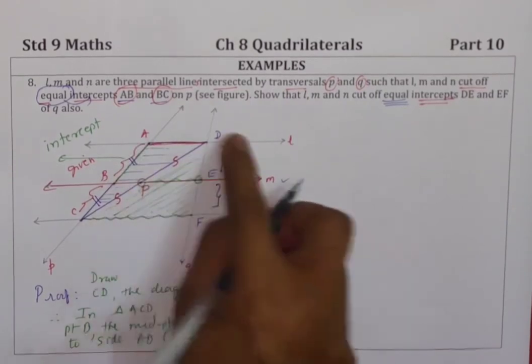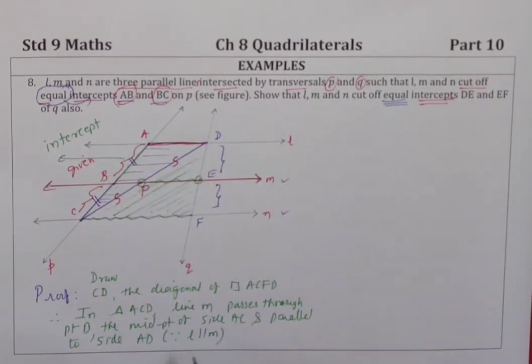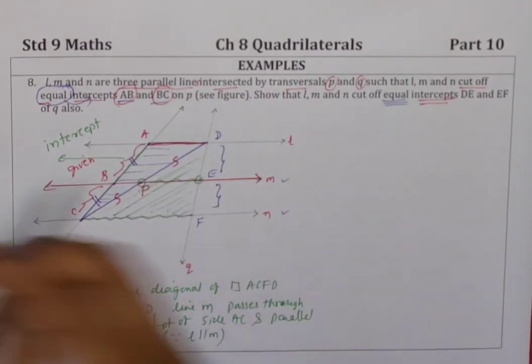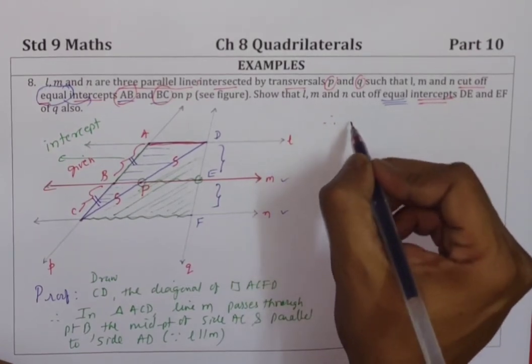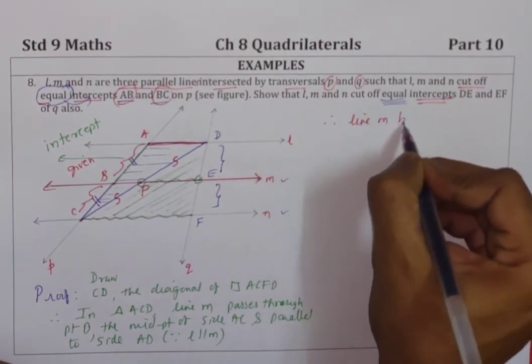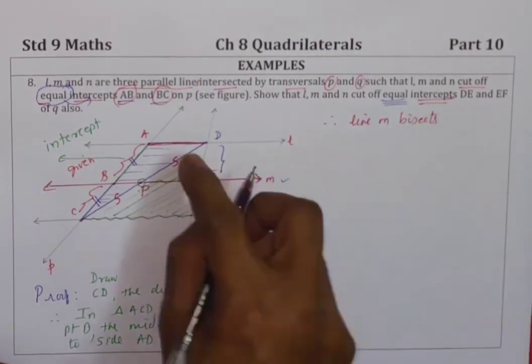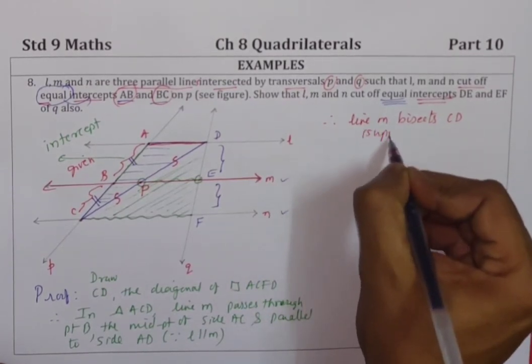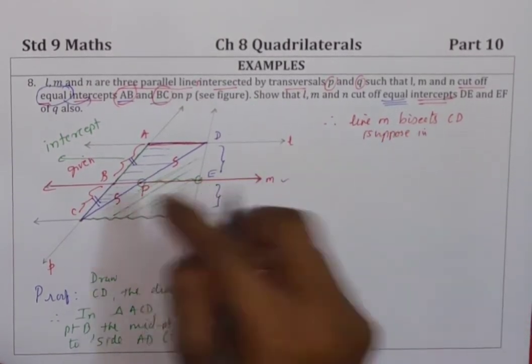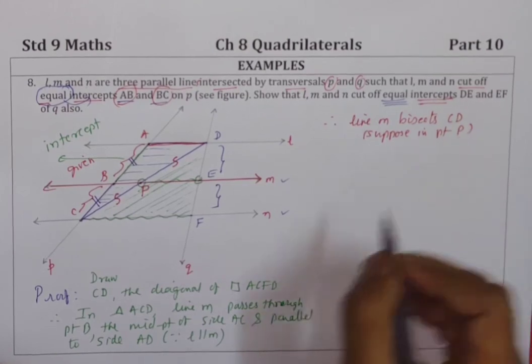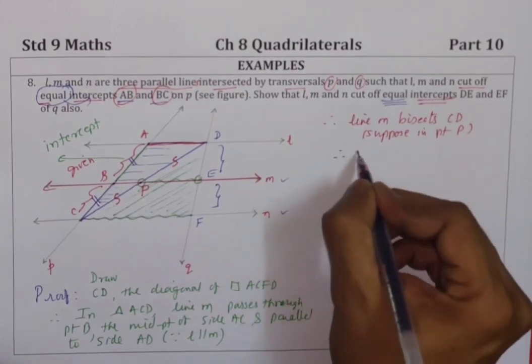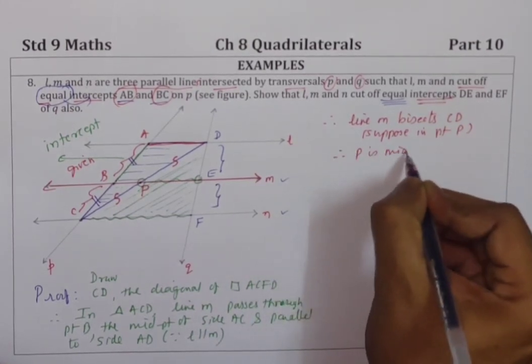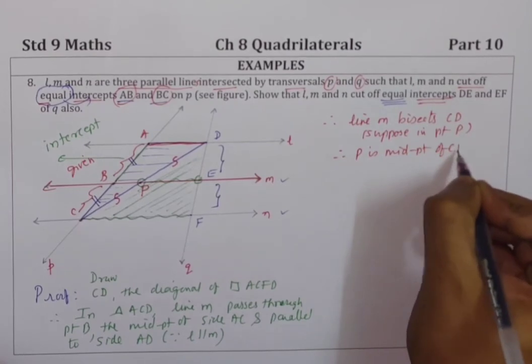We will write the reason: because L is parallel to M. Finished. Therefore, line M bisects the third side, that is CD. Suppose it meets CD in point P. Therefore, P is midpoint of CD.